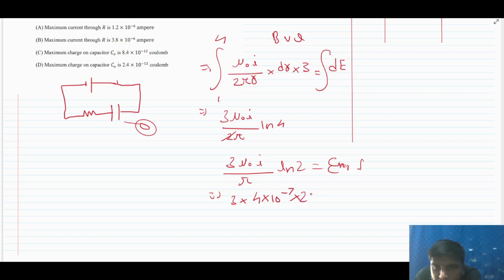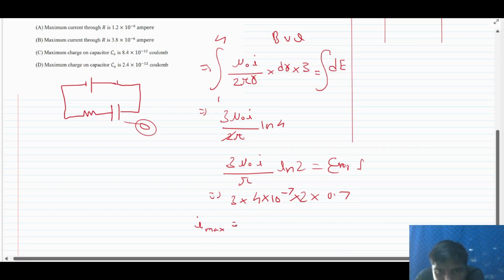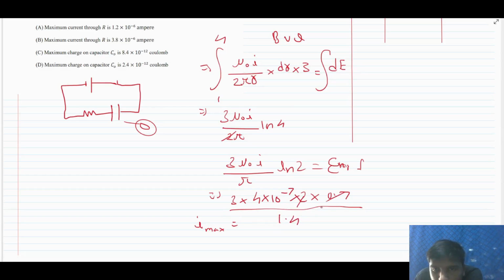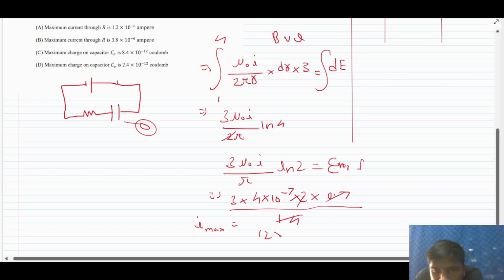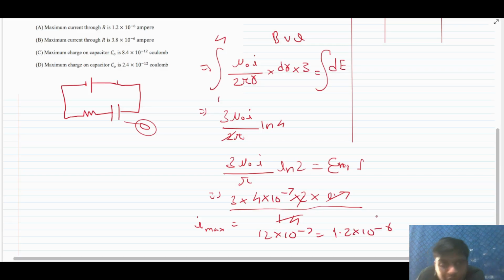I is given as 2 ampere and ln2 I think is mentioned as 0.7. This is the EMF. So for current, we have to divide this EMF by the resistance, which is 1.4, so 2 into 0.7 will cancel it. So 12 into 10 to the power minus 7, which is equal to 1.2 into 10 to the power minus 6. So let's see which option matches.